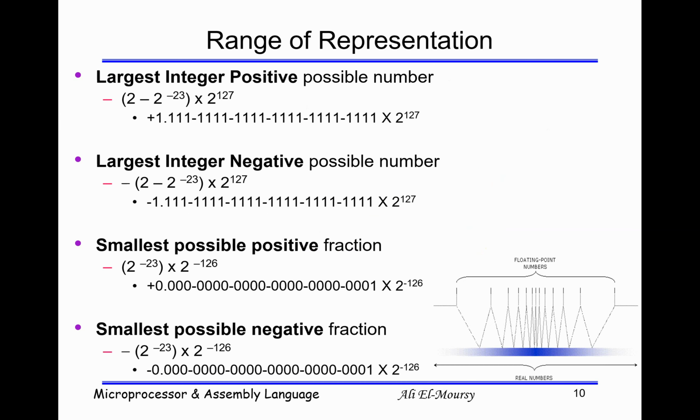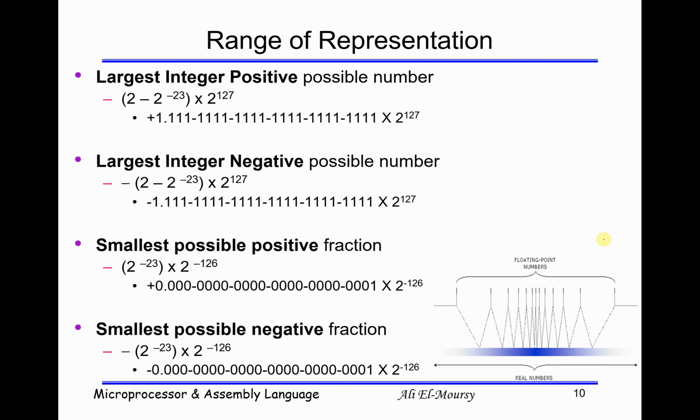So from this analysis we can recognize that the representations for floating point are not continuous, because the distances between the numbers are larger when I am dealing with the largest exponent.